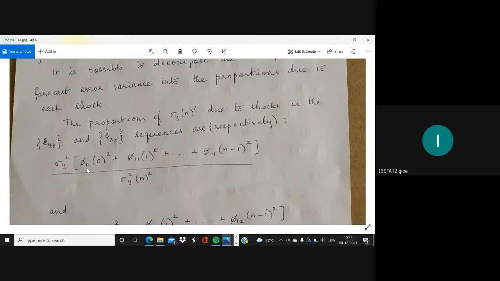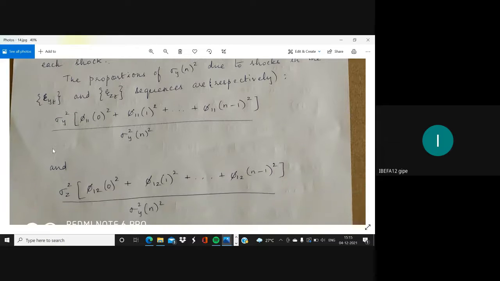What you need to do is take the n step ahead forecast error variance, and this first portion is clearly because of the epsilon yt shock, the shocks to the epsilon yt structural error term. So take that portion of your forecast error variance and divide it by the entire forecast error variance, and you'll get the proportion of the forecast error variance due to shocks in epsilon yt.